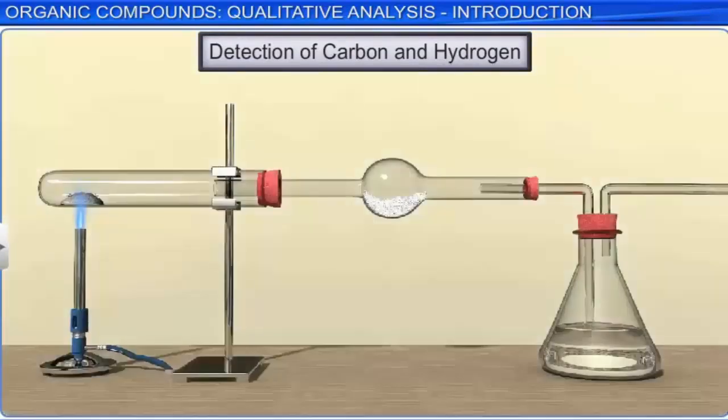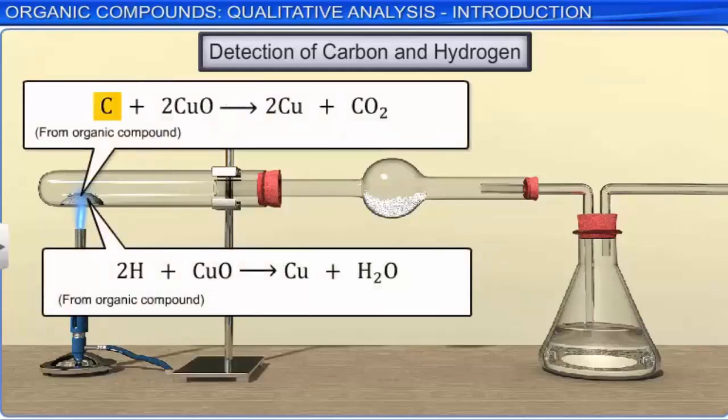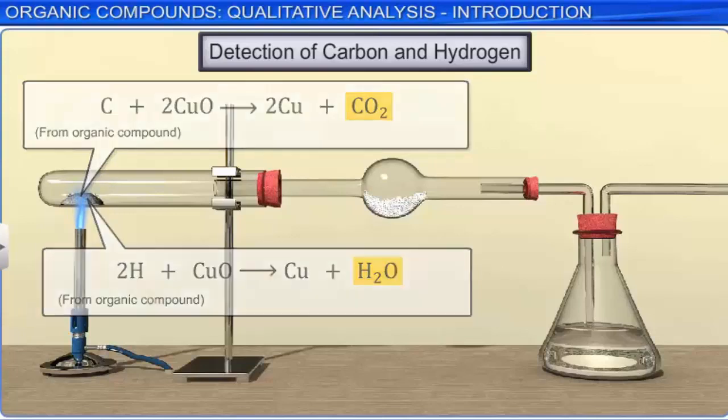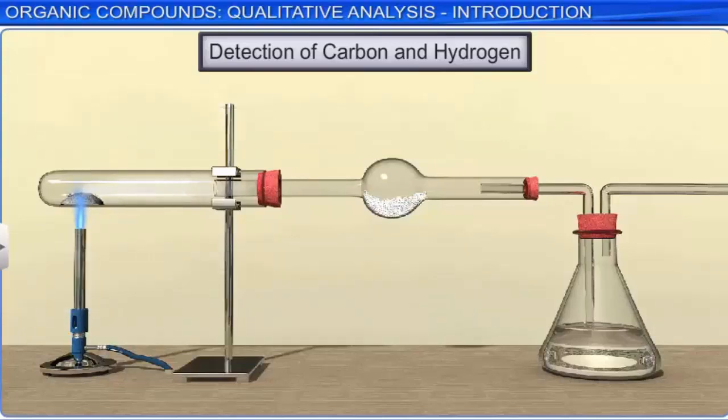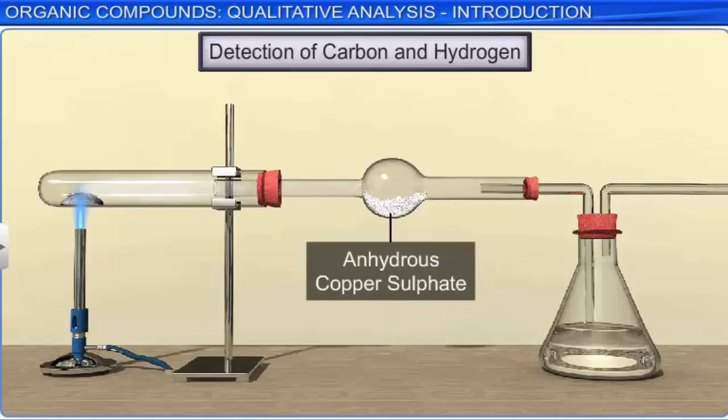First, the given compound is heated with the oxidizing agent cupric oxide. As a result, the elements carbon and hydrogen present in the compound get oxidized to carbon dioxide and water respectively. The products obtained are then passed over anhydrous copper sulfate and bubbled through lime water.